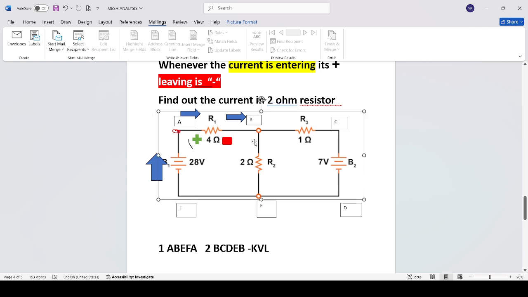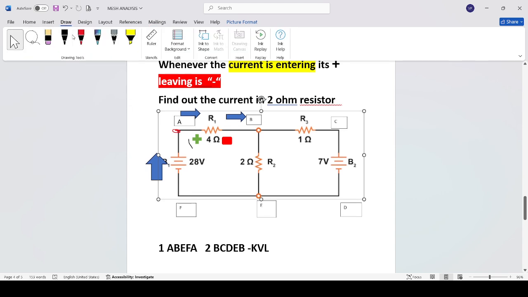I have given the current the name I1. So this current I1 is flowing from A to B towards this resistor. When it reaches this point, the current splits into two. One goes in the downward direction and another flows in this direction.